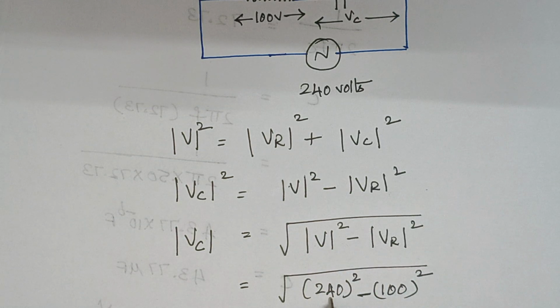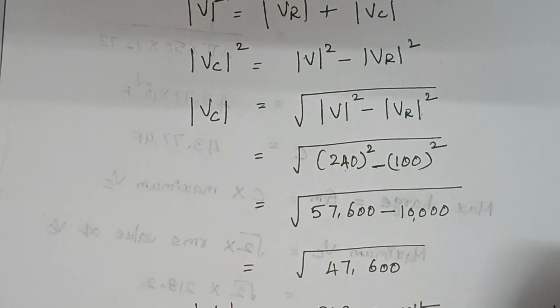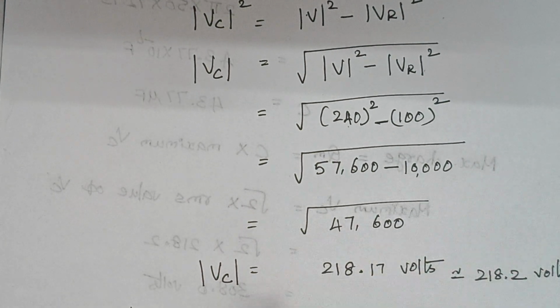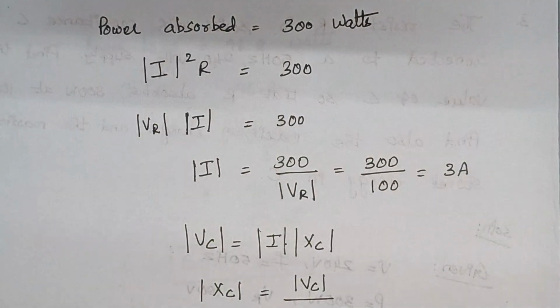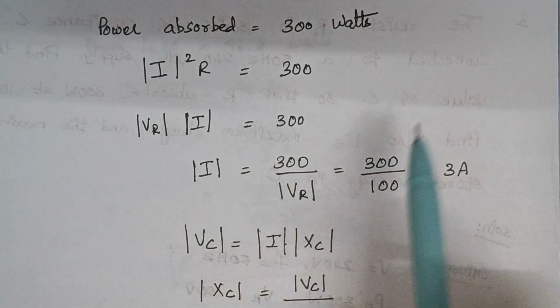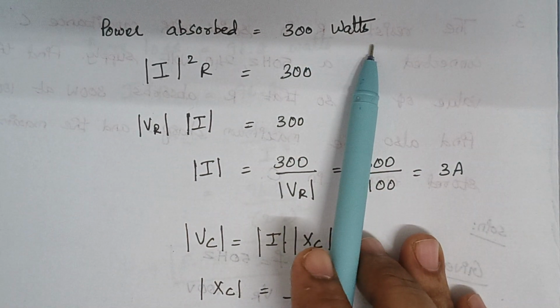So V is 240 and VR is 100, right? So just substitute the values here and the value of VC is 218.2 volts, right?